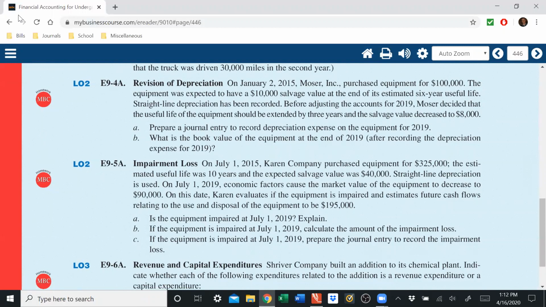So what they've done is, partway through the asset's original useful life, they have extended their estimate of the useful life. And of course, that means the asset's going to last longer, so the salvage value at the end of the useful life will be lower. And so the question here is how do you account for this sort of a thing.